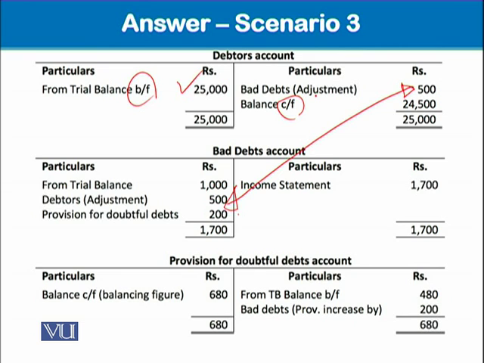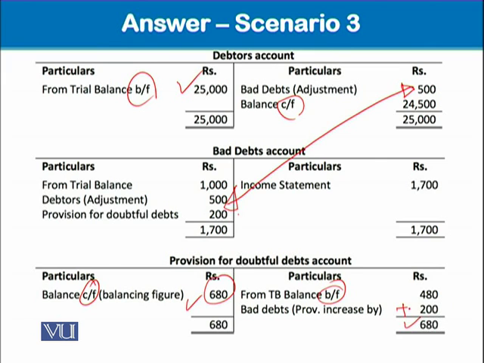That will be taken to the balance sheet. And this provision of 480 is to be increased by 200 so that it will become 680. Okay. Well, now this 680 is the carry forward balance of the provision account.